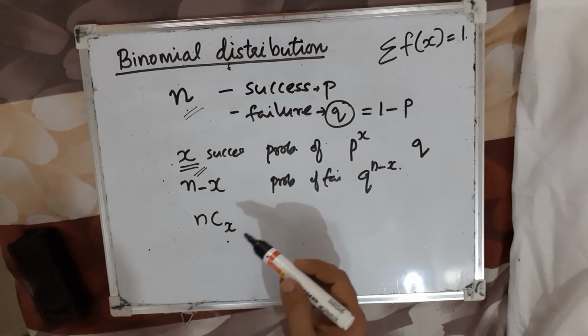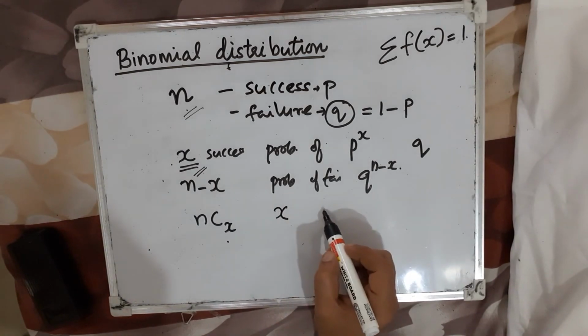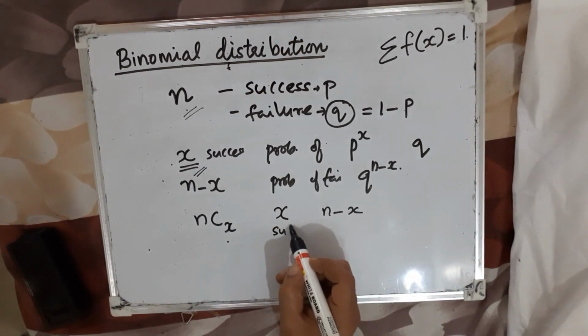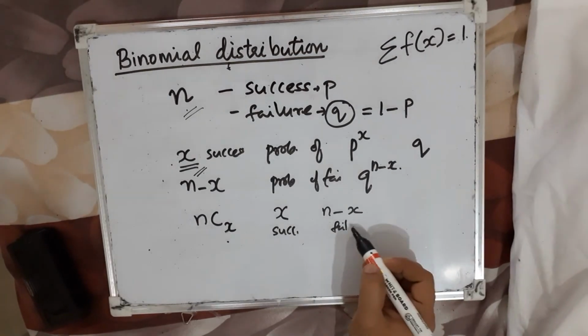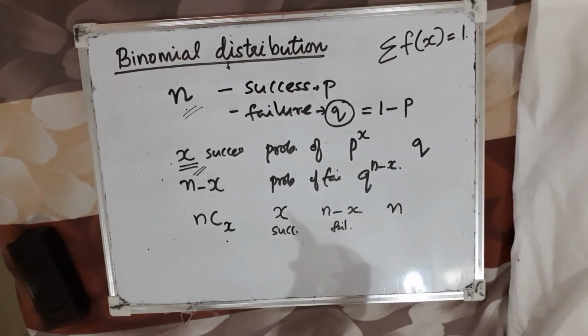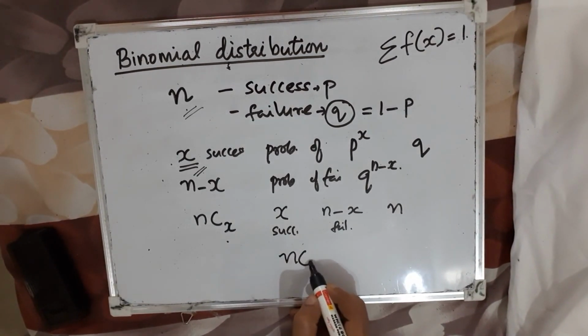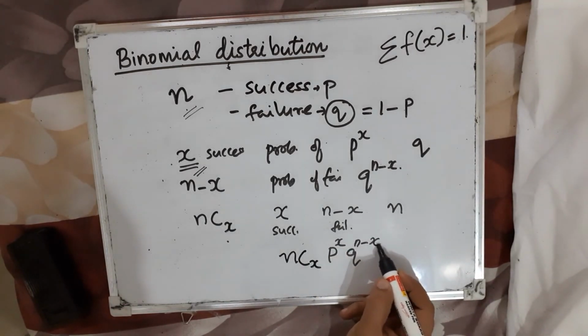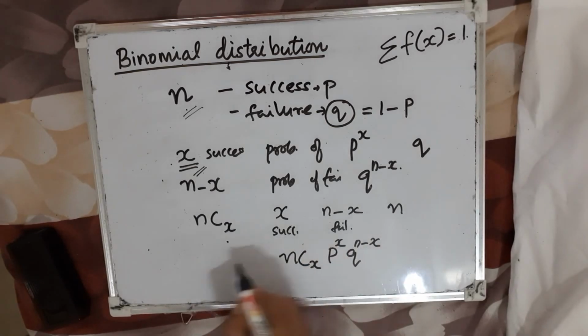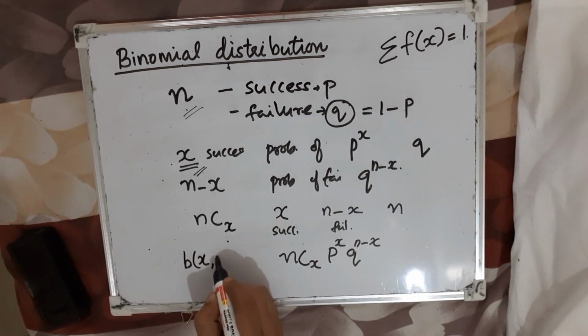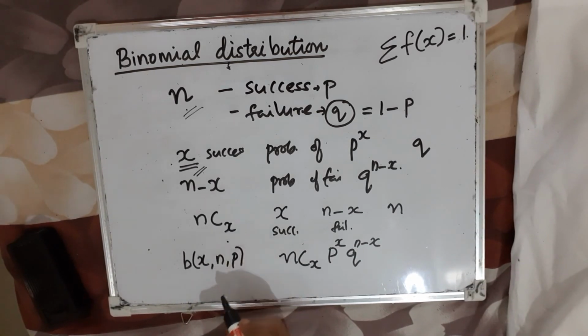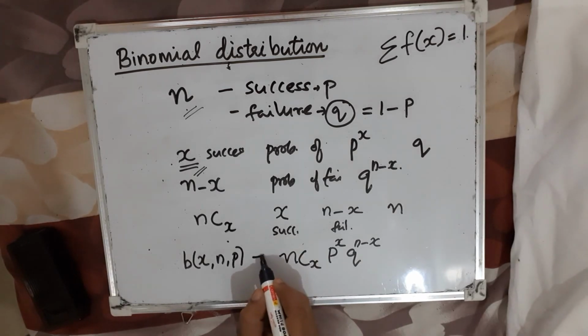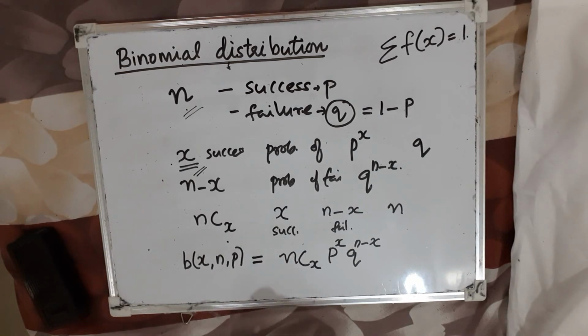Therefore, the probability of occurring x successes and n minus x failures out of n trials is, in total, nCx p raised to x q raised to n minus x. It is usually denoted by b(x; n, p). It is known as the binomial distribution, or also as the Bernoulli distribution: b(x; n, p) is equal to nCx p raised to x q raised to n minus x.